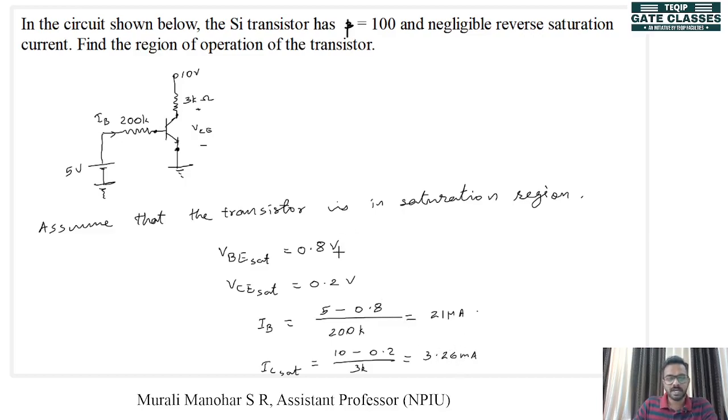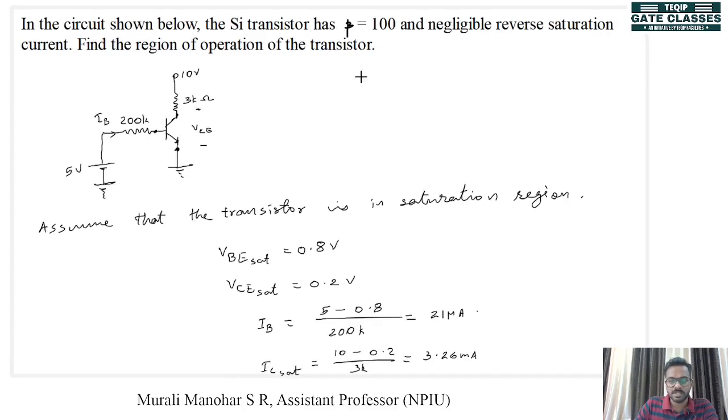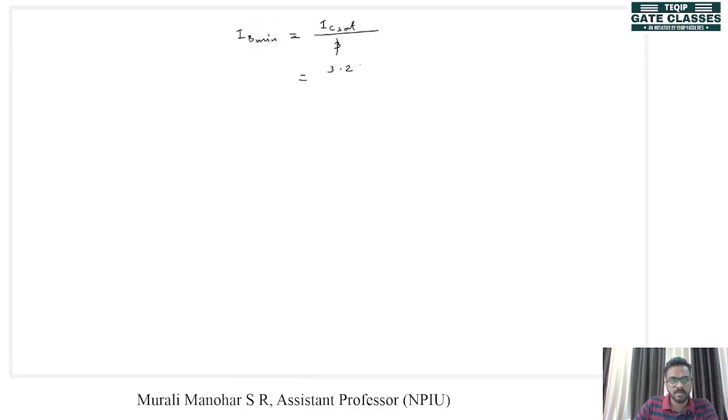Now once we get IC sat, we can find out IB min. IB min is equal to IC sat divided by beta, which is 3.26 milliampere divided by 100, and that will give us 32.6 microampere.